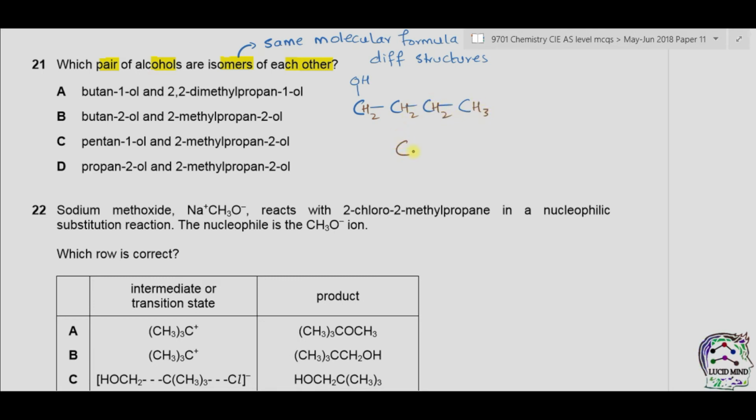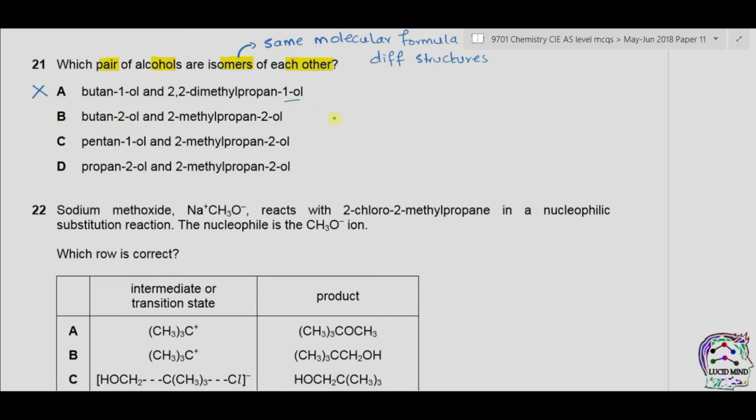So the molecular formula is C4H10O. Second is 2,2-dimethylpropan-1-ol, so in the long chain we have 3 carbon atoms as it is propane, and on the second carbon we have 2 methyl groups attached, while on the first carbon we have the alcohol group. The rest are hydrogen atoms. The molecular formula is C4H12O. As we can see, the molecular formula is different, so A is incorrect.